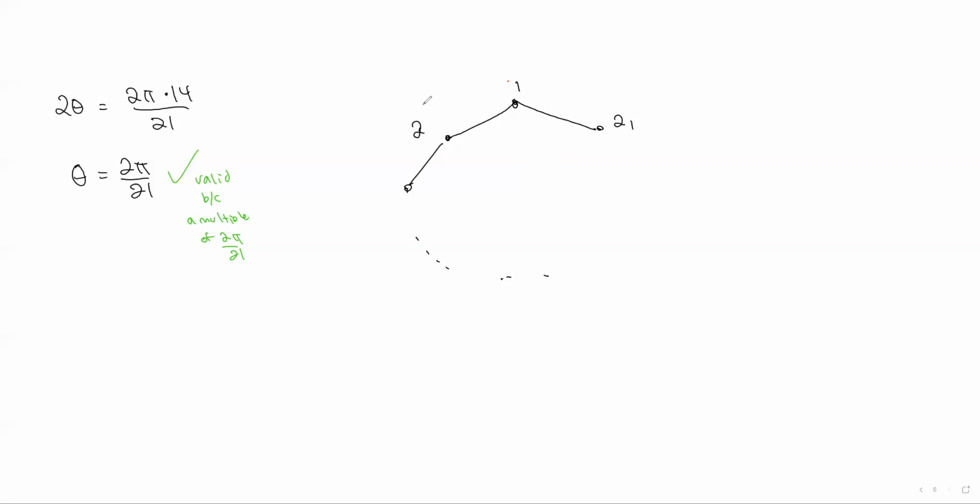So we can take this to be L1, this to be L2, and this angle is 2 pi over 21.